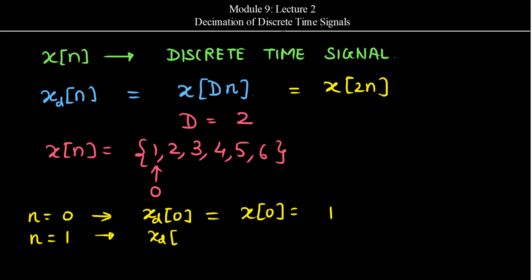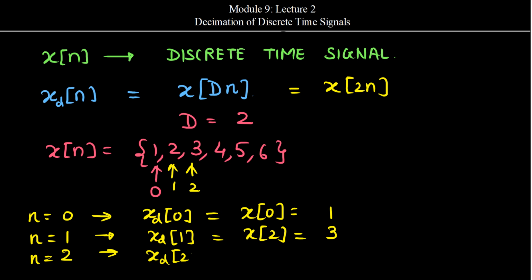So we have xd of 1 as x of 2. This 2 is located at n equal to 1 and this 3 is located at n equal to 2, so the value that we get here is 3. Similarly, if I consider n equal to 2, then xd of 2 is equal to x of 4, which comes out to be 5.